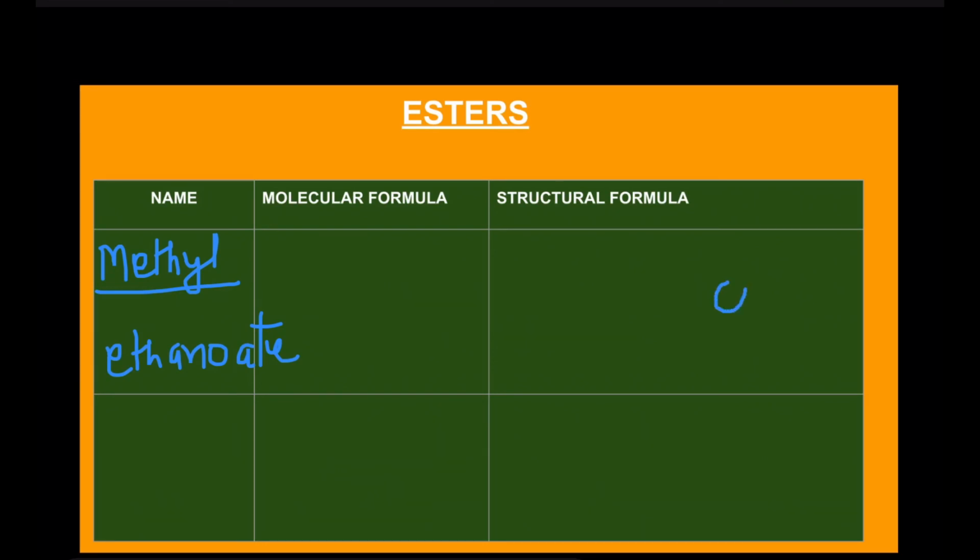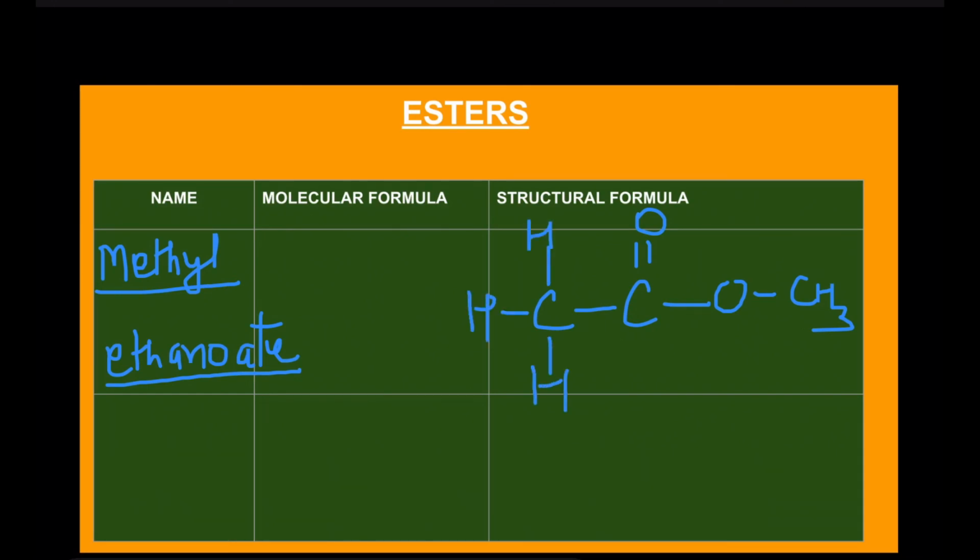So O and CH3. Ethanoate is that part on which the COO group is there. So C double bond O and C, 2 carbons of ethane. This is the structure of methyl ethanoate, that is CH3COOCH3.